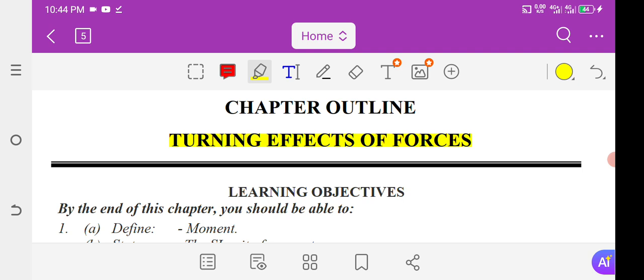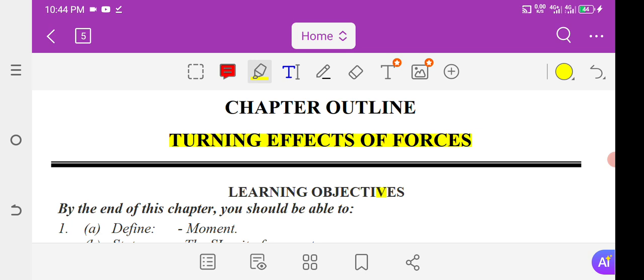In Form 1 Physics, you learned that forces have different effects. A force can cause a body to stop moving or to decelerate. A force can cause a moving body to accelerate or to move faster.